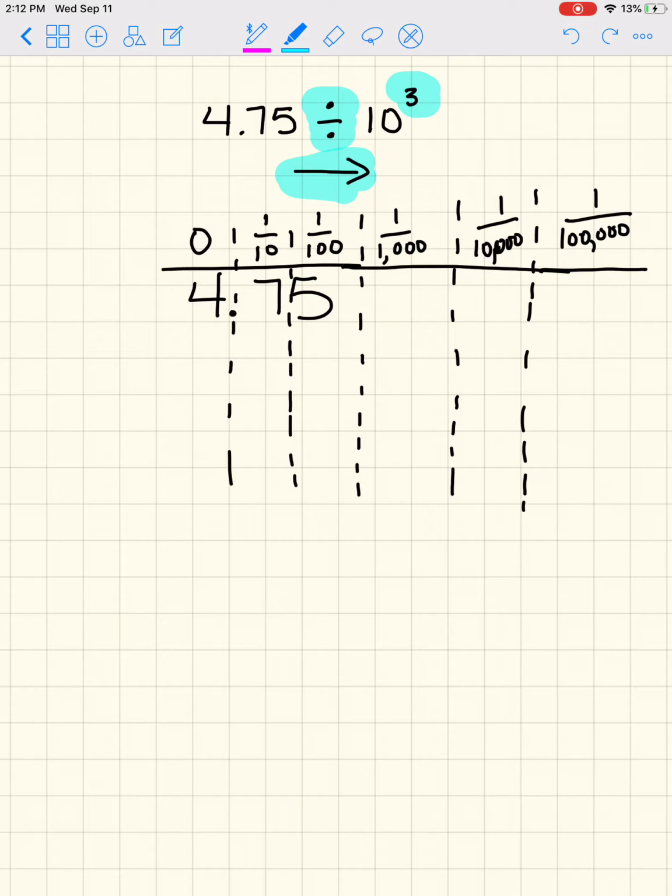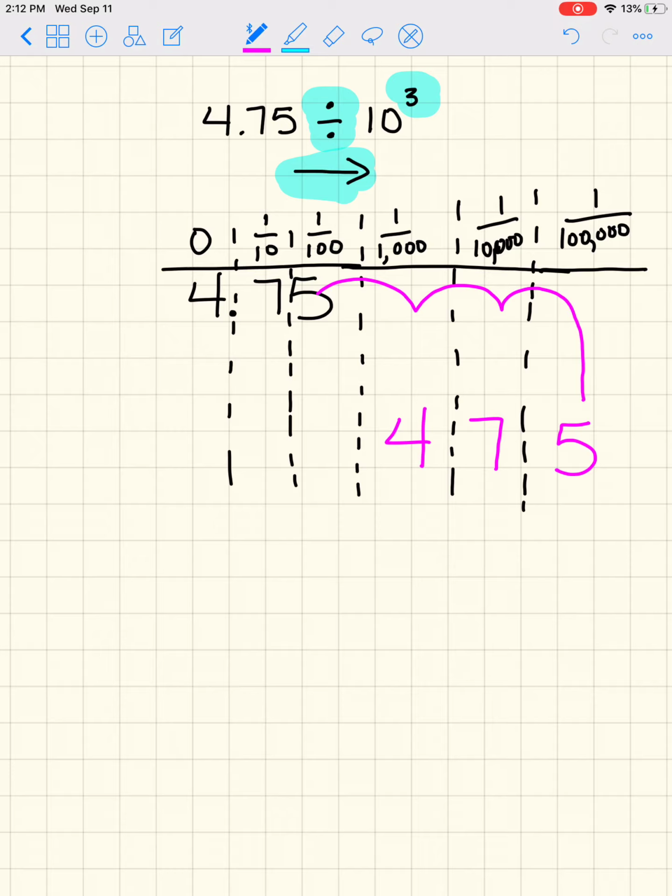So I'm going to move that 5 1, 2, 3 place values to the right. So my 5 is now here in the 100,000th place. Again, the 7 and the 4 are going to follow suit. The 7 will be in the 10,000th place. The 4 will be in the 1,000th place.